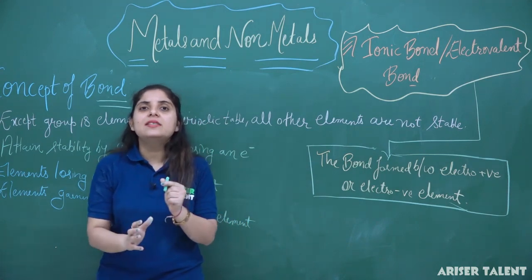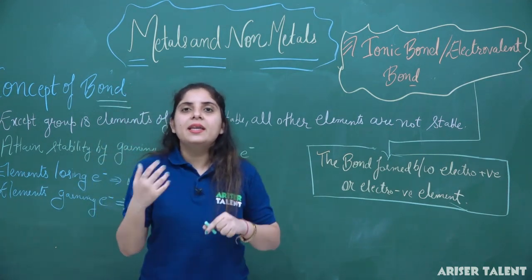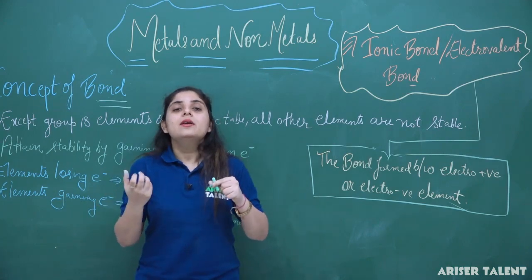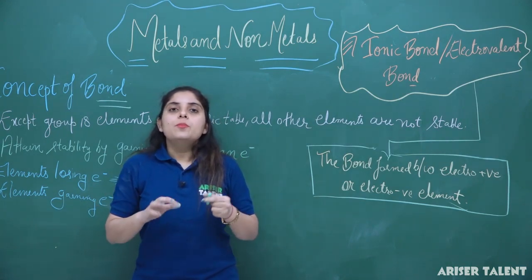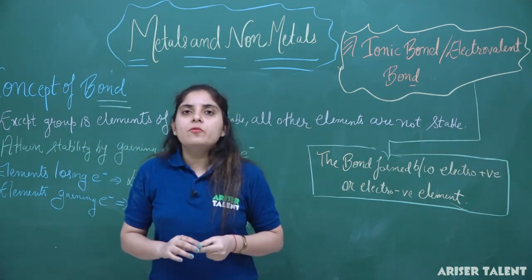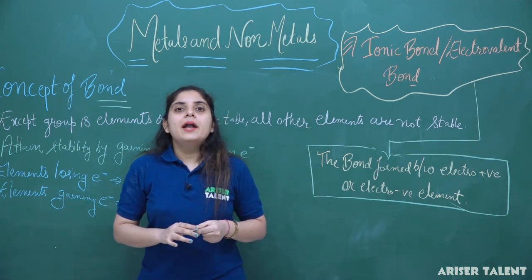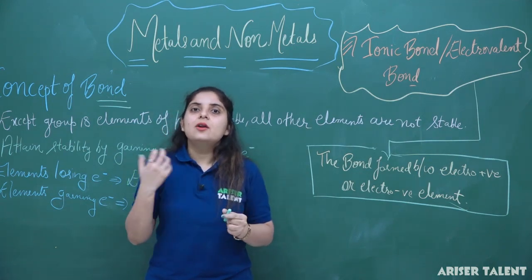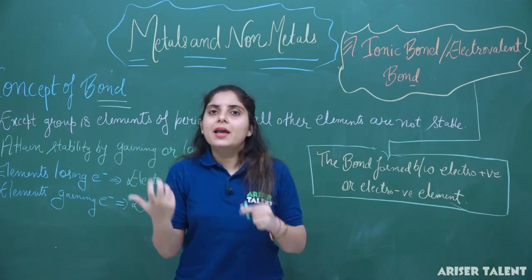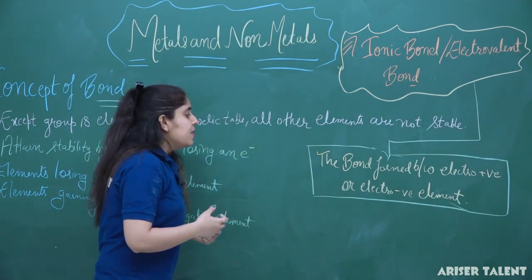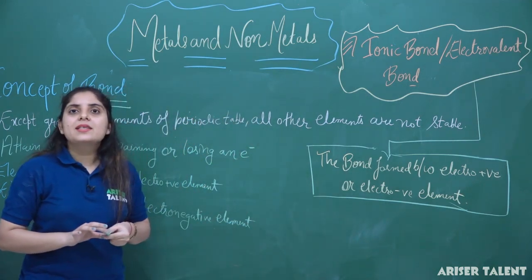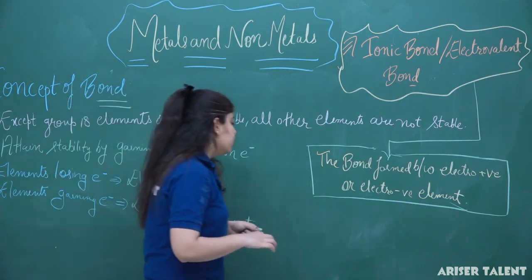But the necessary condition is that one must be gaining an electron and another must be losing an electron. The process of gaining or losing electrons will continue, and sometimes cations are surrounded by anions and sometimes anions are surrounded by cations. Now we are going to discuss the example of ionic or electrovalent bond.